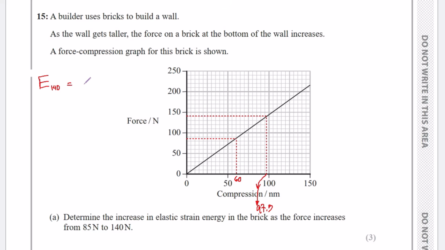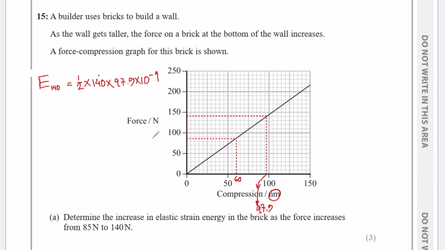You all know the equation for elastic strain energy is half Fx. So it's half F, which is 140, times x, as in x could be compression as well as extension. Here we're dealing with compression. So 140 corresponds to 97.5. Be very wary of these units. It's 97.5 times 10 to the power minus 9.